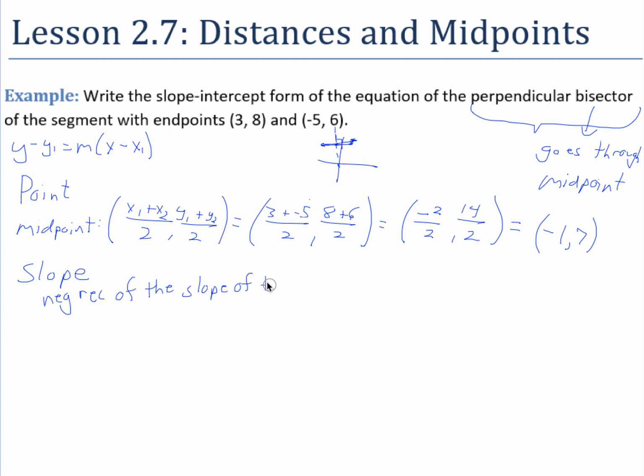And so what we'll do is find the slope of the segment, and we know slope is y sub 1 minus y sub 2 over x sub 1 minus x sub 2. So y sub 1 is 8 minus y sub 2, which is 6, over 3 minus negative 5.